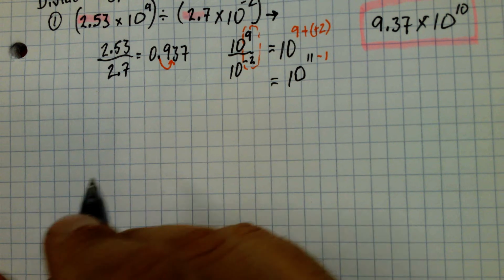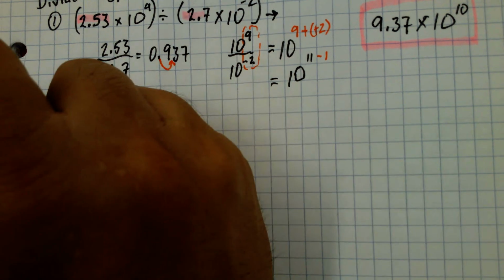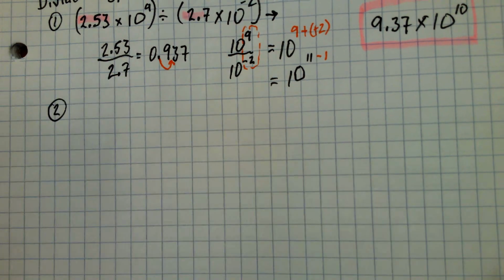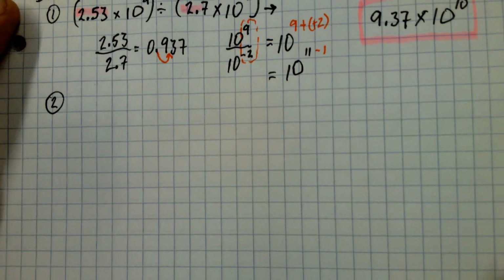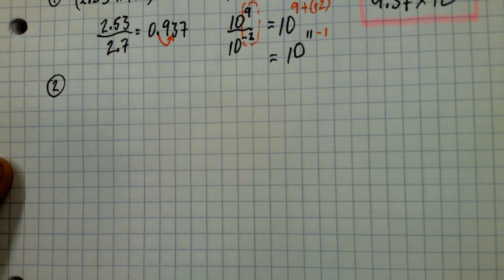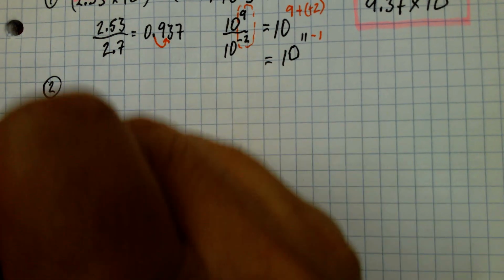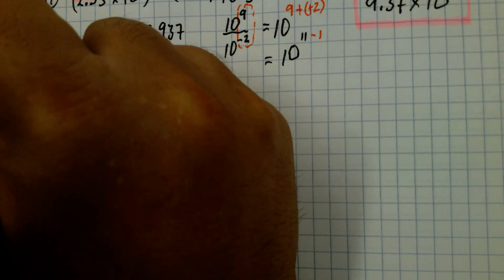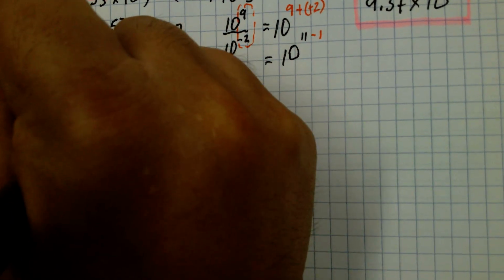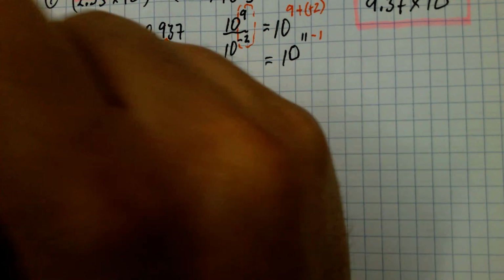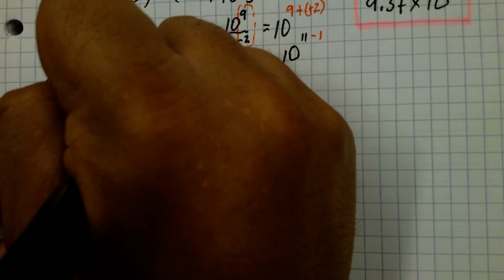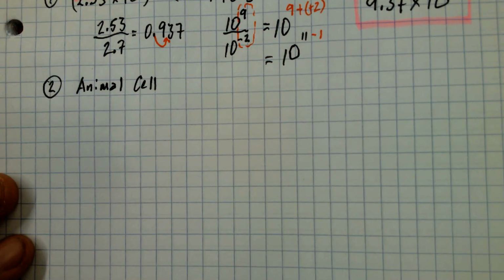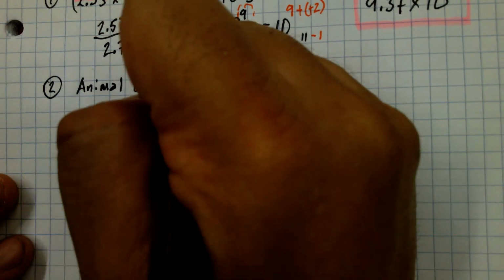Second one, number 2, is an application. So we're going to compare two types of cells. Your average animal cell. Animal cell diameter.